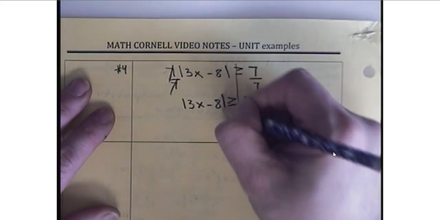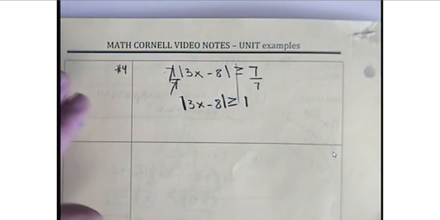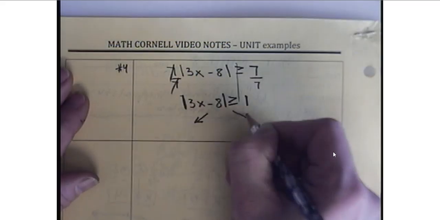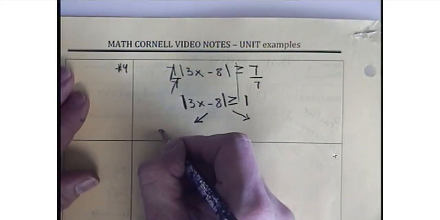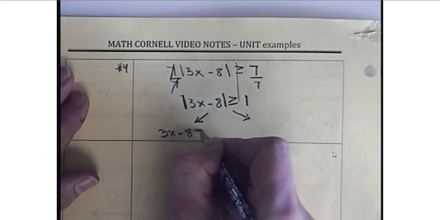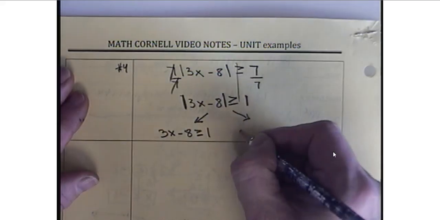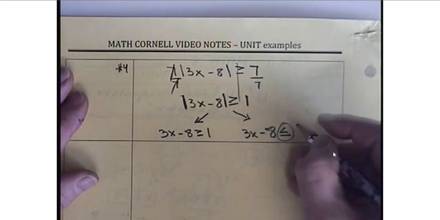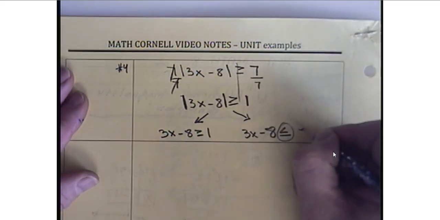Then we will separate that into two parts, and the first one will be 3x minus 8 greater or equal 1, and the second part will be 3x minus 8 less or equal, so flipping the sign and adding a negative sign to 1.